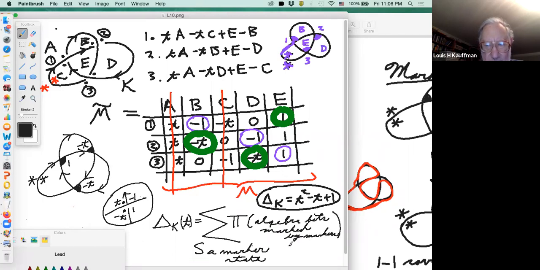And then we have to say one more thing, times the sign of the state. And by the sign of the state, I mean the sign of S's permutation.